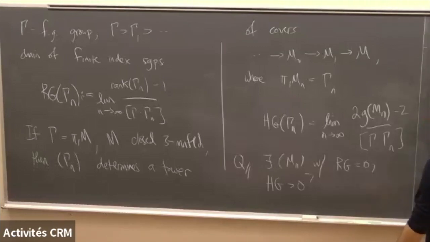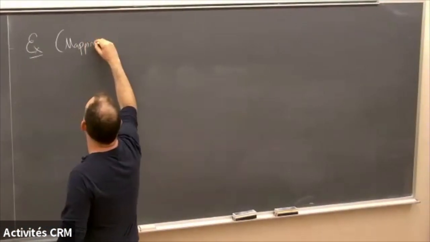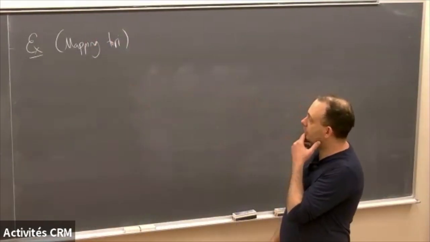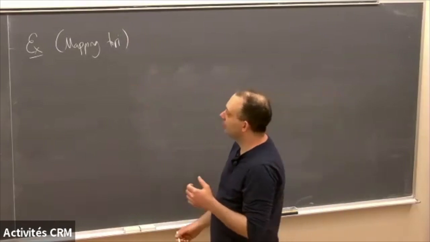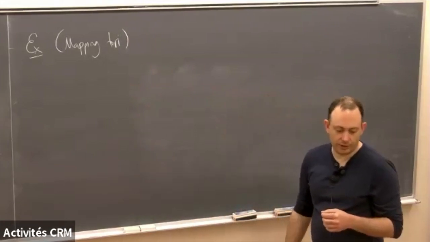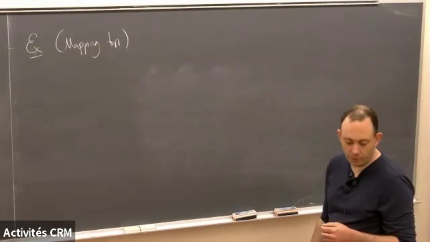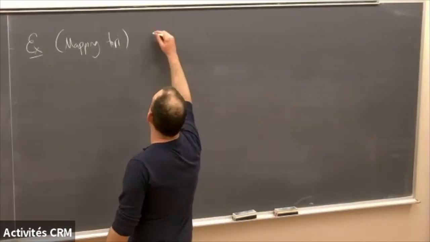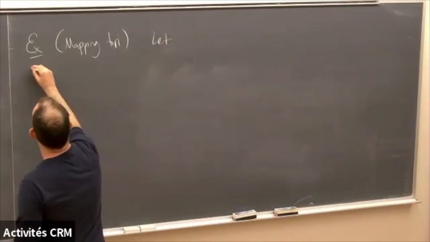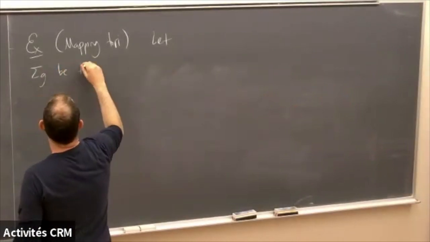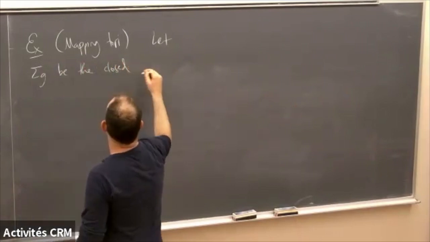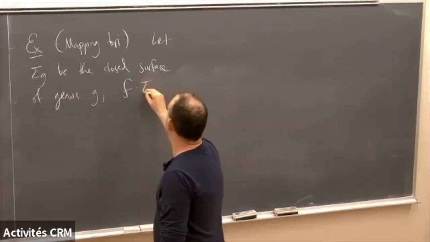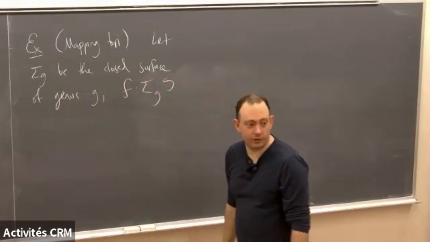So this is an example of mapping tori. I'm going to create a closed 3-manifold for you, and the input data is that I need to start with a homeomorphism of a genus g surface. So let's let, as before, sigma g be the closed orientable surface of genus g, and then f from sigma g to itself is a homeomorphism.